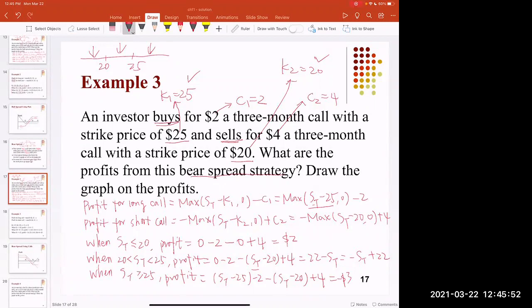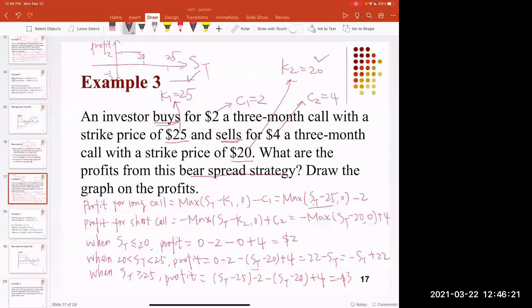If you get this, then we're done, and we can draw the diagram for the profits. The x-axis is the stock price and the y-axis is profits. When the stock price is less than 20, we have a positive $2 maximum gain. And when the stock price is greater than 25, we have negative $3.